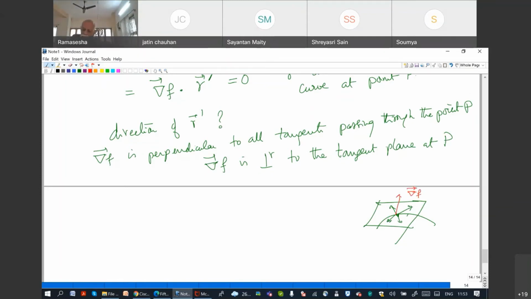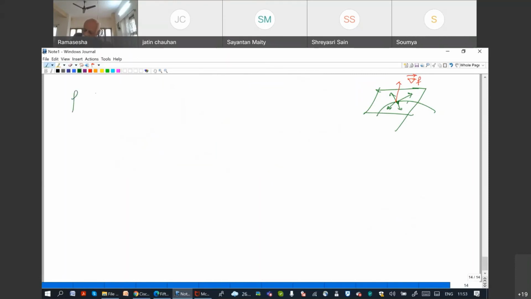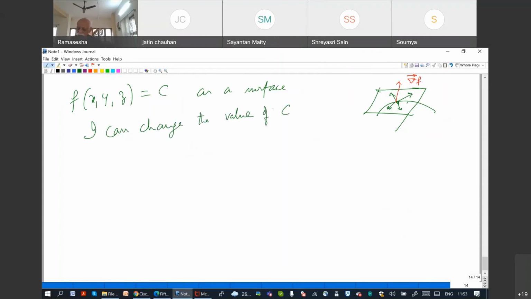One more interesting thing that you should know about this is the following. I have taken f of x comma y comma z equal to C as a surface, so I can change the value of C. Initially, for example, I can take x squared plus y squared plus z squared equal to 10.